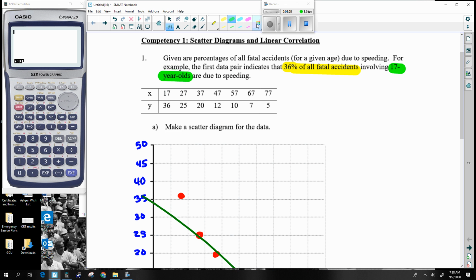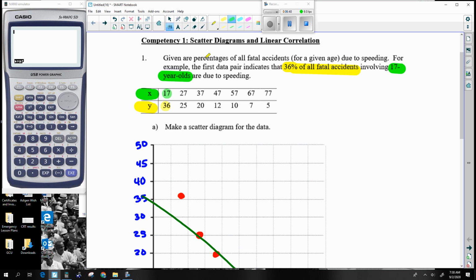So take a look at the very first set of data, the 36% and the 17-year-olds. So what does that say about X and Y? Well, that says Y is the percentage of fatal accidents, and X is the age of the drivers.